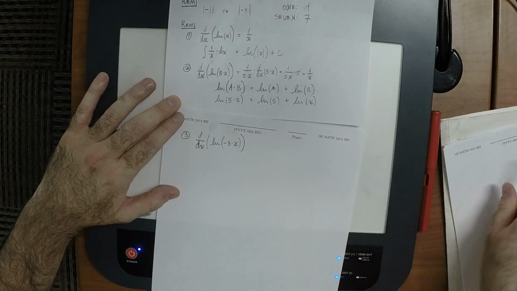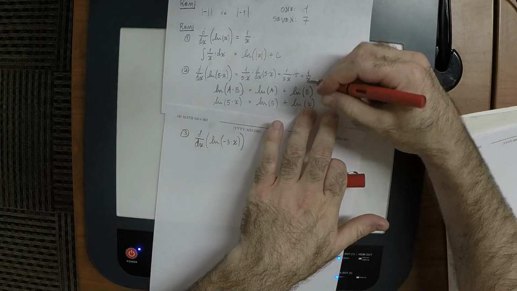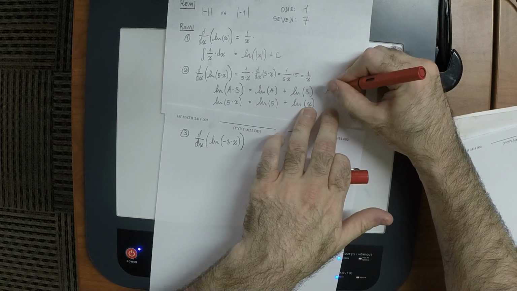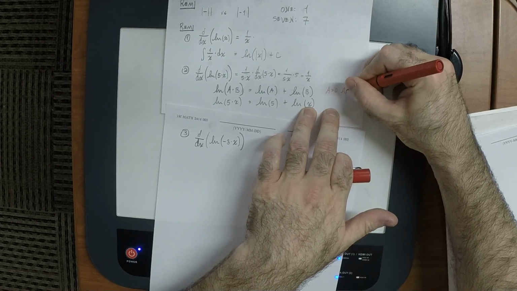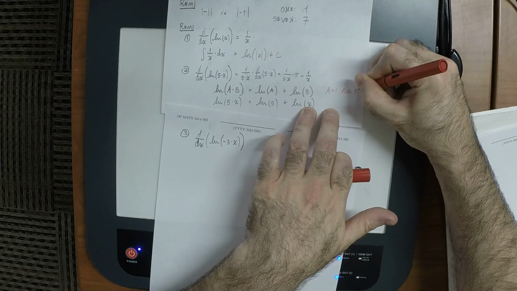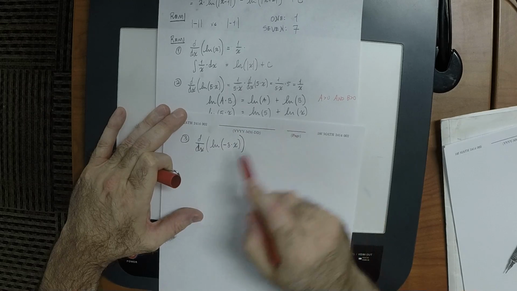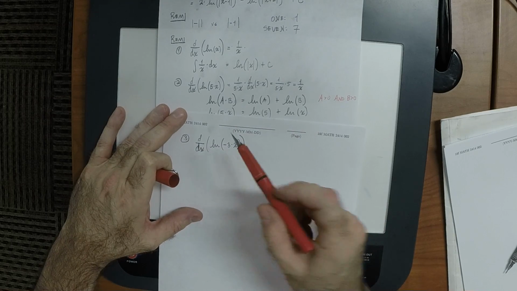The reason why is that this logarithm rule says that you can do this so long as a is greater than 0 and b is greater than 0. So you can't use the logarithm rule here because you can't say logarithm of negative 3.